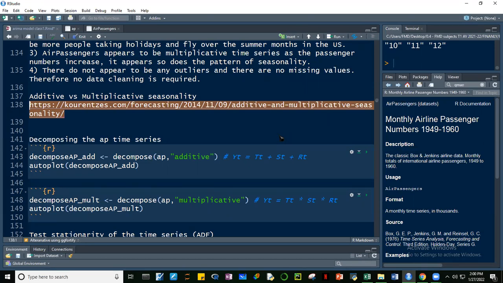Tumataas pag November. Because of the dun sa All Souls Day, no? And tumataas din pag December kasi Christmas items. Okay, so yung ganun mga products, guys, may seasonality. Kaya ang question na lang, additive ba yung seasonality niya or multiplicative yung seasonality niya?